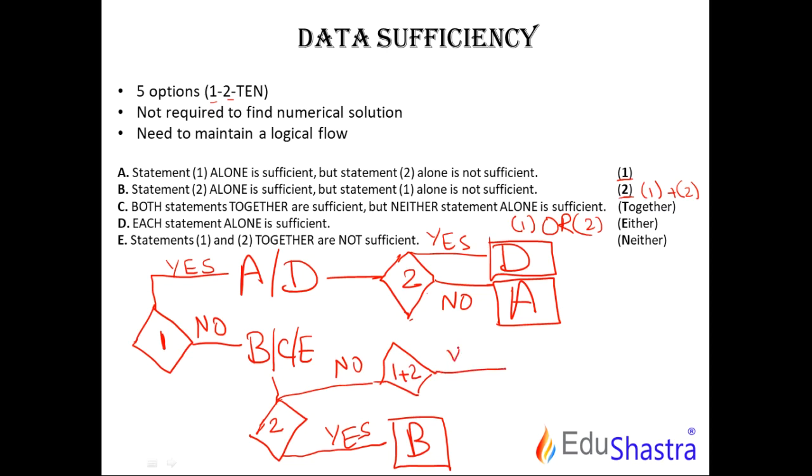If it is sufficient, then your final answer is C, and if it is a no, then your final answer is E. So that way, your logical flow of analyzing a data sufficiency problem in this way will help you reach the answer in the most quick manner.